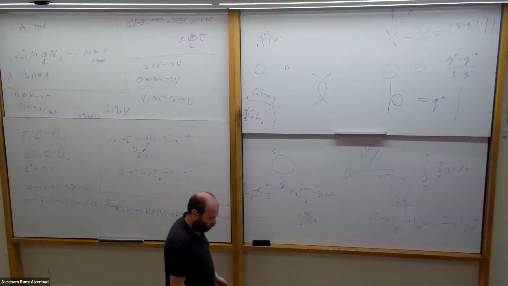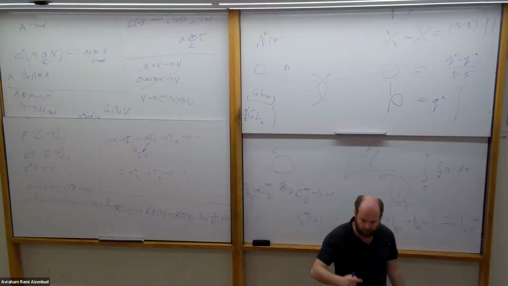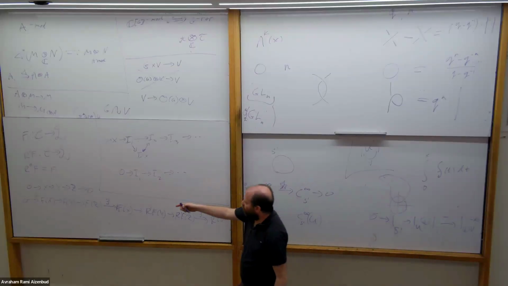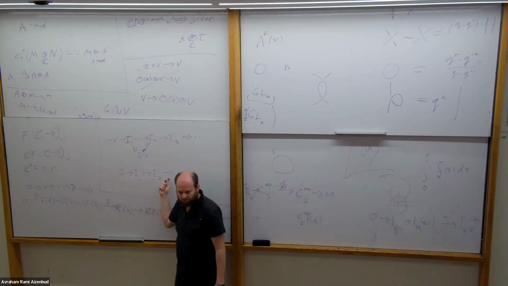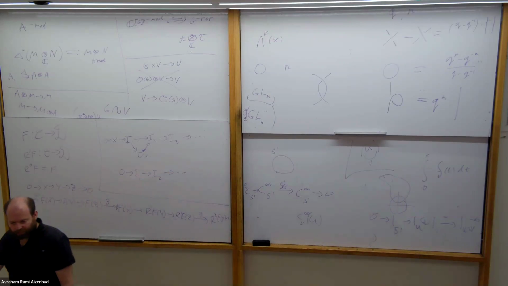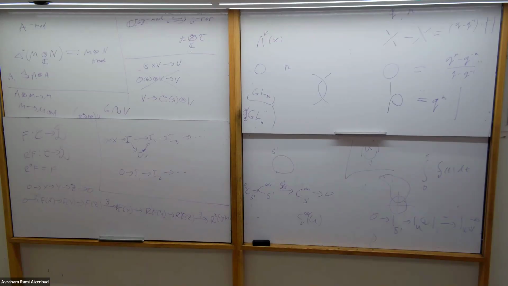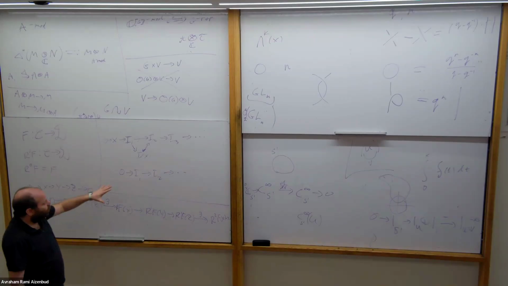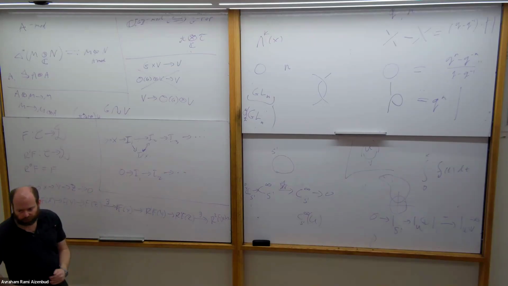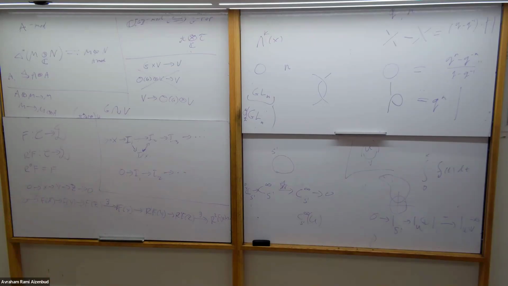I don't remember whether I talked about it. If we have a non-exact sequence, but it is a complex, so the square of the differential is 0, which means that the image is included in the kernel. So I can consider the cohomology of this sequence. I can take the kernel modulo the image in each level.